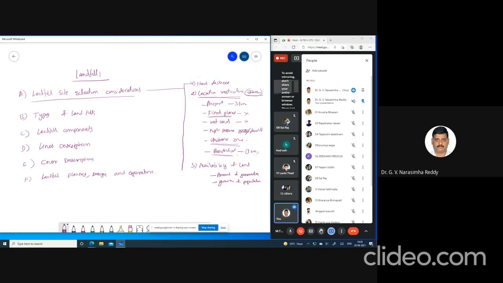That means you should estimate the growth of population, which generally you will study in environmental engineering. Growth of population indirectly reflects future generation. When you are designing a landfill, it should cater to the city for at least 15 or 20 years, and if it is 20, 30 years, it is still better.